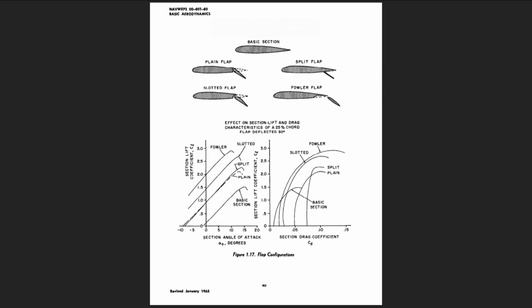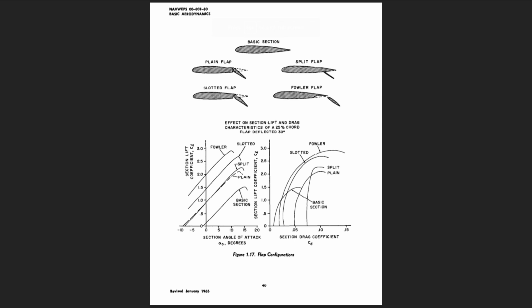The split flap shown in figure 1.17 consists of a plate deflected from the lower surface of the section and produces a slightly greater change in CL max than the plane flap. However, a much larger change in drag results from the great turbulent wake produced by this type of flap. The greater drag may not be such a disadvantage when it is realized that it may be advantageous to accomplish steeper landing approaches over obstacles or require higher power from the engine during approach, to minimize engine acceleration time for wave-off.